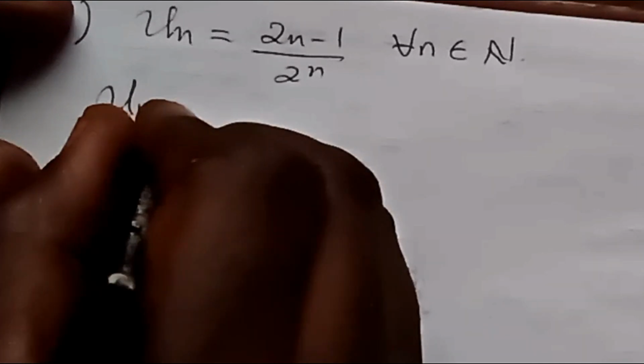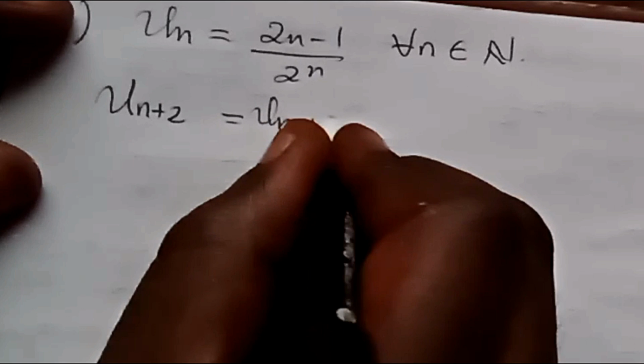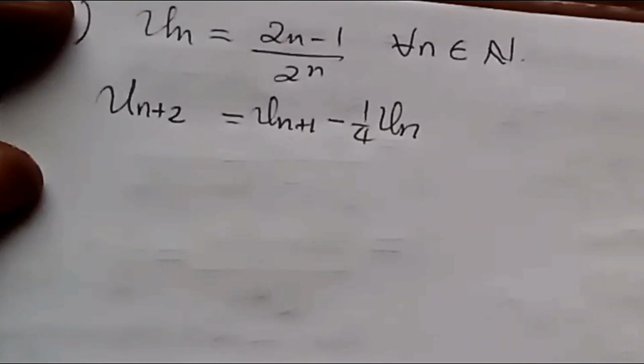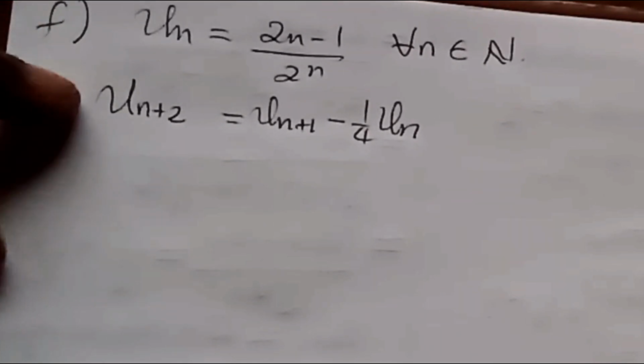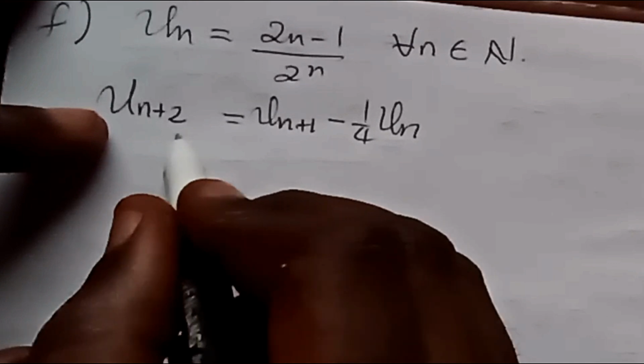It is given as un plus 2 equals un plus 1 minus 1/4 un. That is the recursive relationship in which un has been defined. So we have to use proof by induction.